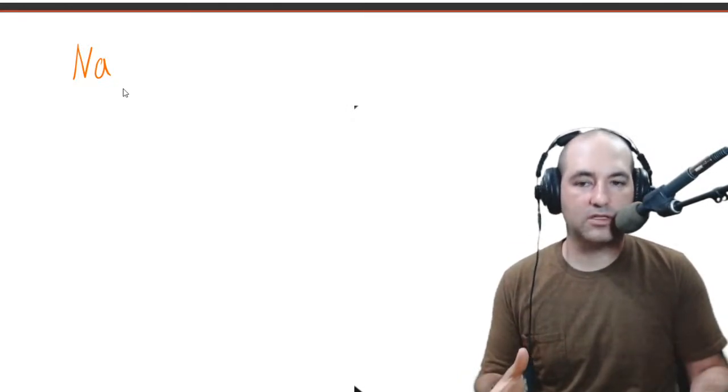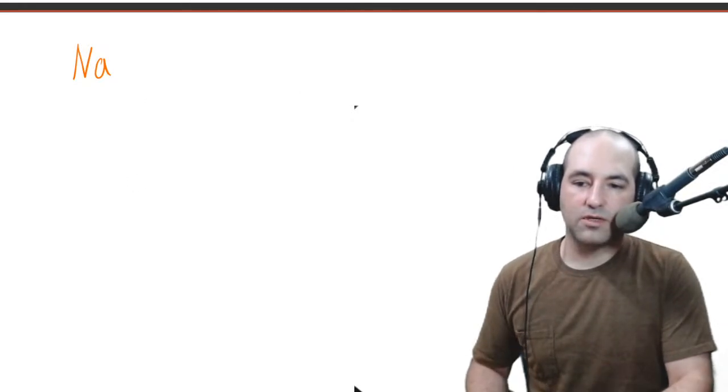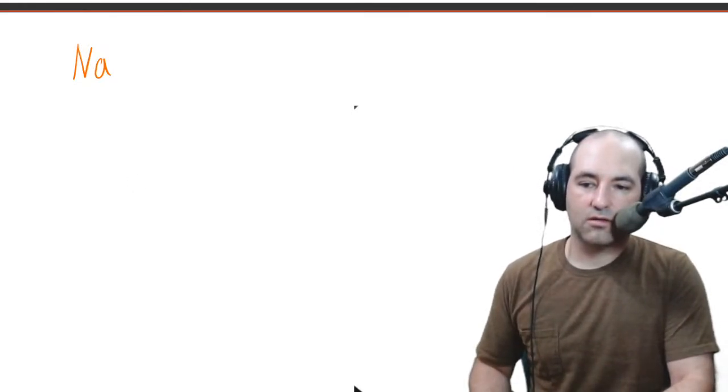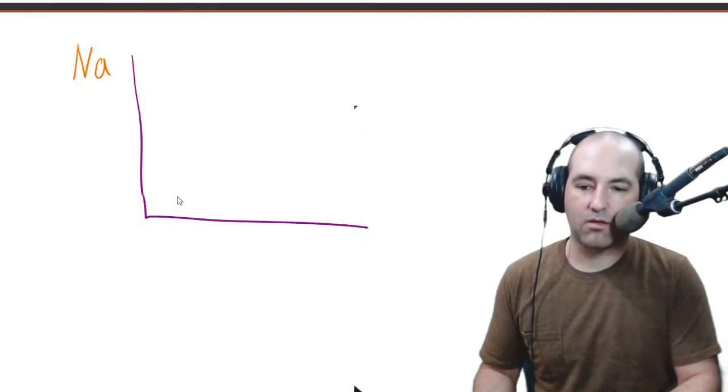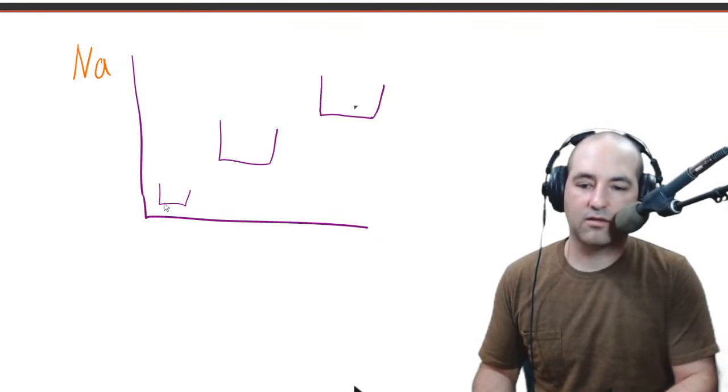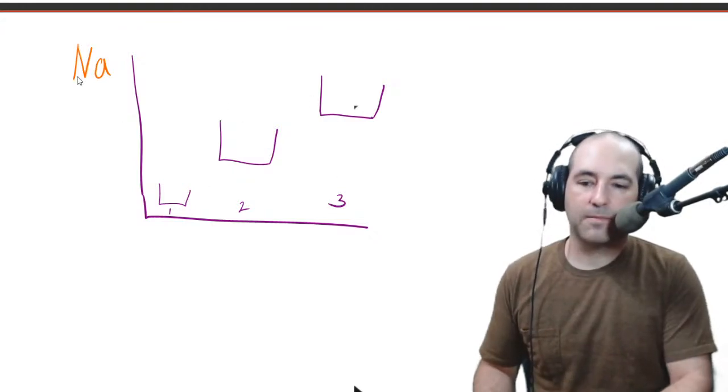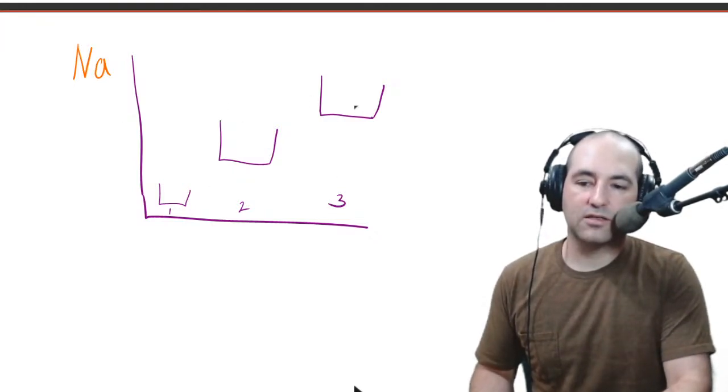How far from the nucleus are they? So what we do is we draw our buckets, and eventually you won't need to draw the buckets, but it's helpful to just see it. So we've got our little 2 bucket, and then our 2 big buckets. And we figure out how many electrons a neutral sodium atom has.